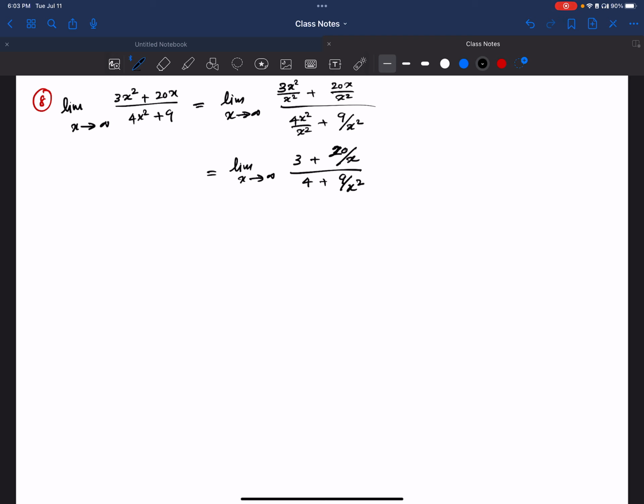So when x goes to infinity, the limit of 3 is 3, and the 1 over x term goes to 0. The next term is 4, and the last term in the denominator goes to 0. So it's 3 over 4. Make sense?